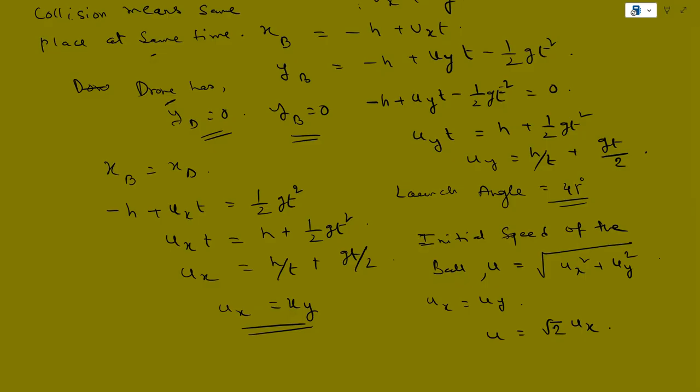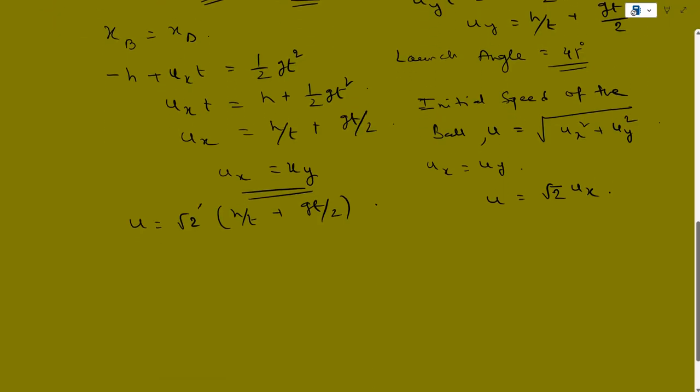Now substitute. So u is root 2 times h by t plus g t by 2. Now comes the real question: what is the minimum speed? We need the minimum value. So minimize h by t plus g t by 2.